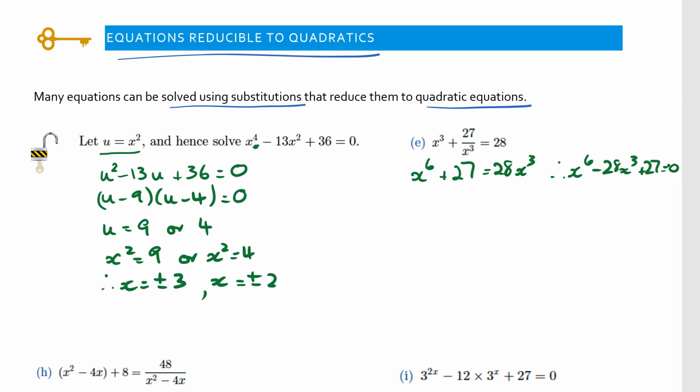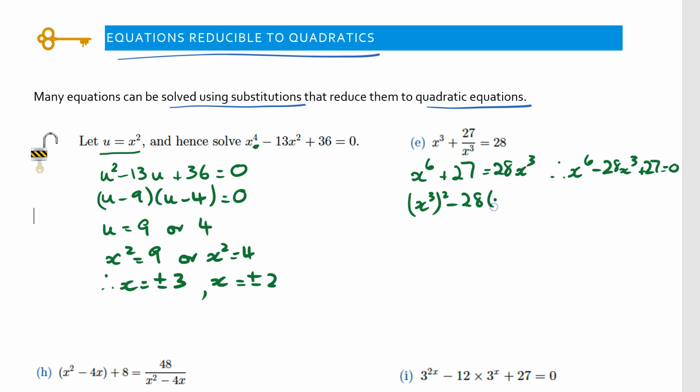At this point I have to recognise that x to the 6th is x cubed squared. I could do all of this and risk not changing the variable back again, but I would be really much happier if you can do this.